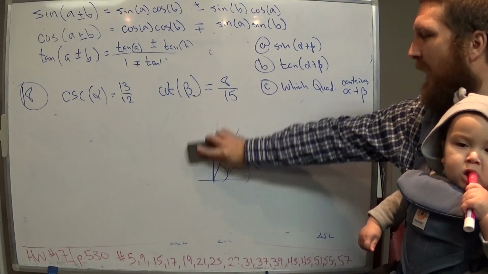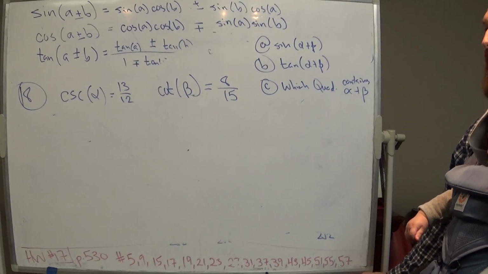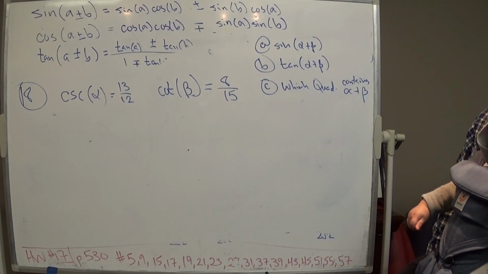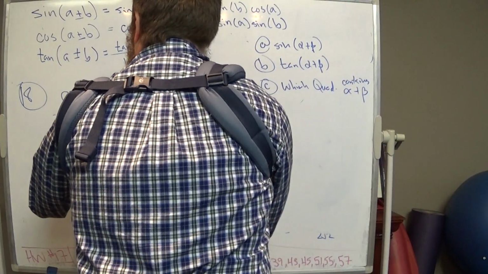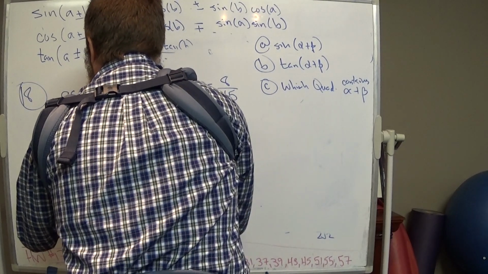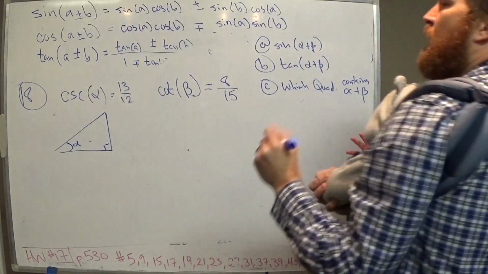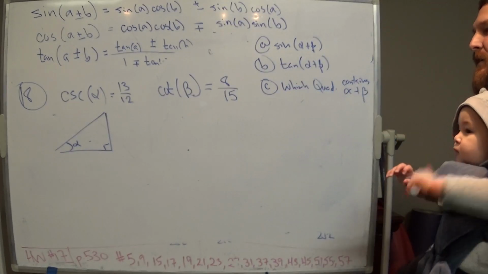And you'll see why. The first thing we need to do, before we even get into this, is set up a couple triangles. So, if cosecant alpha is 13/12, and this is why they're telling you they're acute, so that you can do this. There's alpha. Which side is 13?